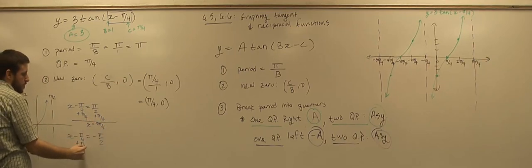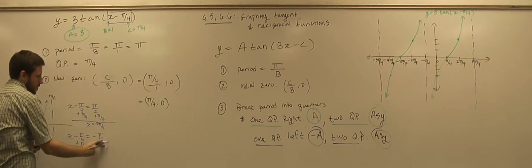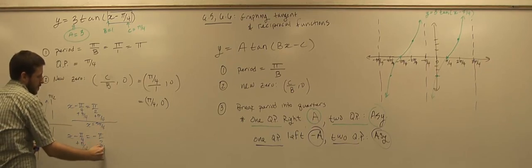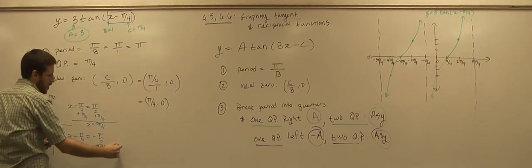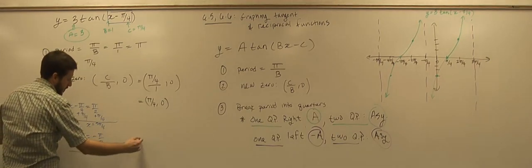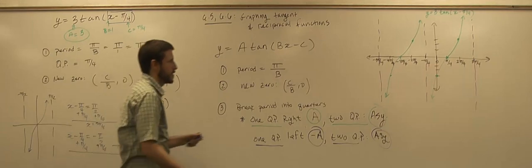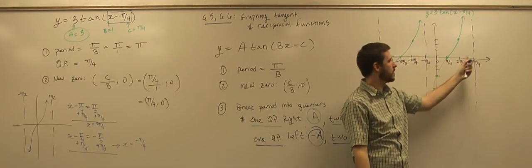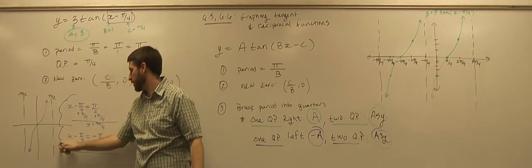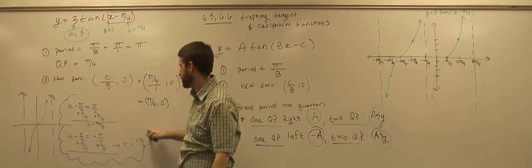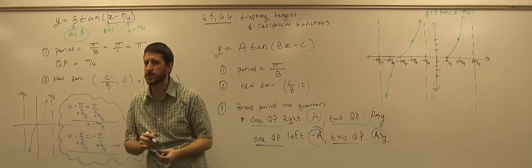You'd add this over. Negative pi over 2 plus pi over 4 is negative pi over 4. So this is a different strategy to help you find the asymptote of the tangent if you don't like the quarter periods.